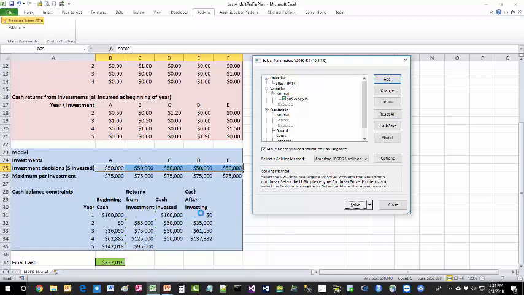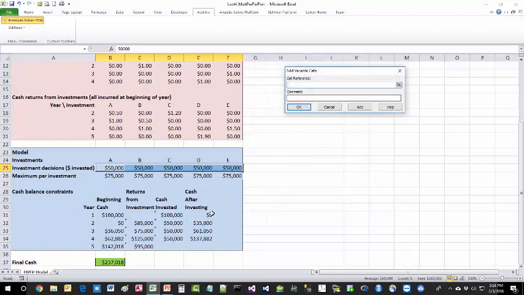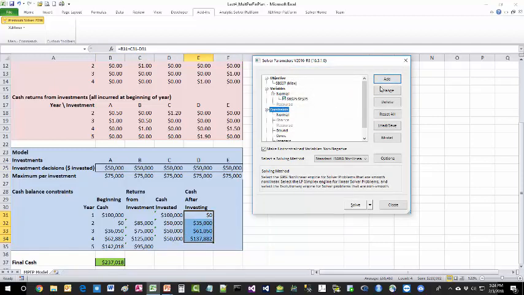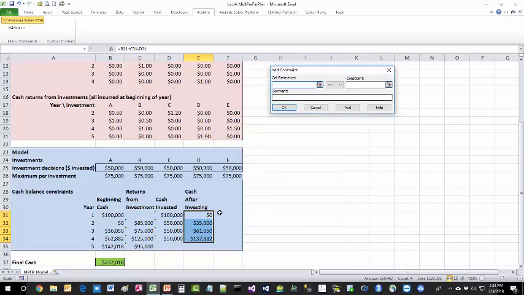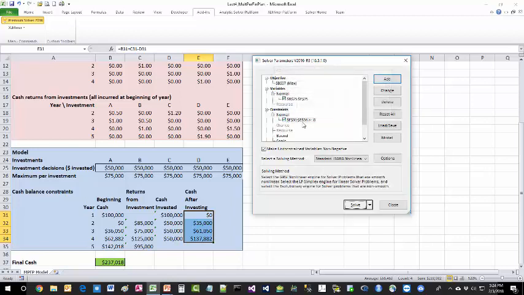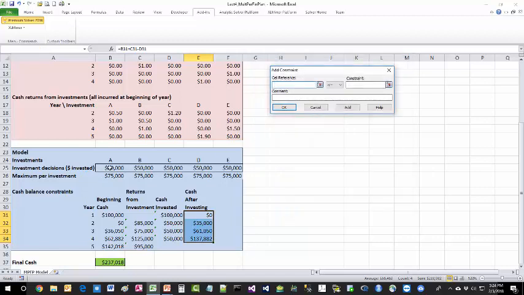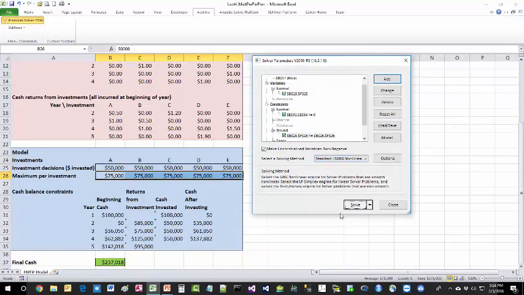The cash after investing has to be positive. Not variable, so it's constraints. And then also we can't forget the bounds on the investments, which is that this needs to be under 75,000 over here. I believe that is it.